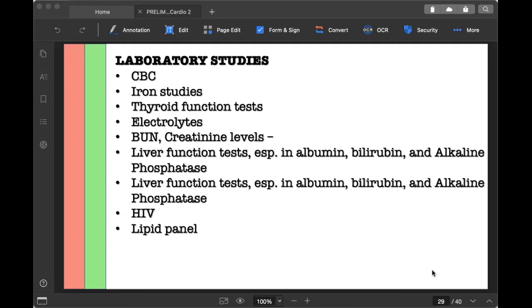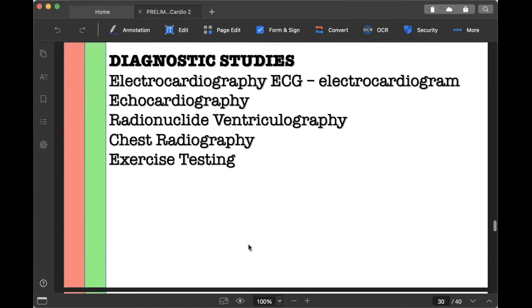Remember that cholesterol level is one of the most common reasons why patients are experiencing heart failure.